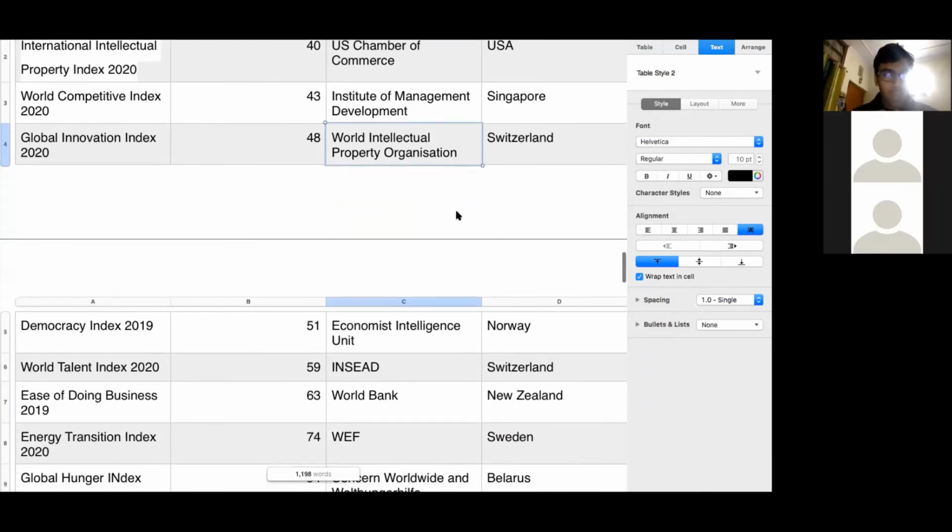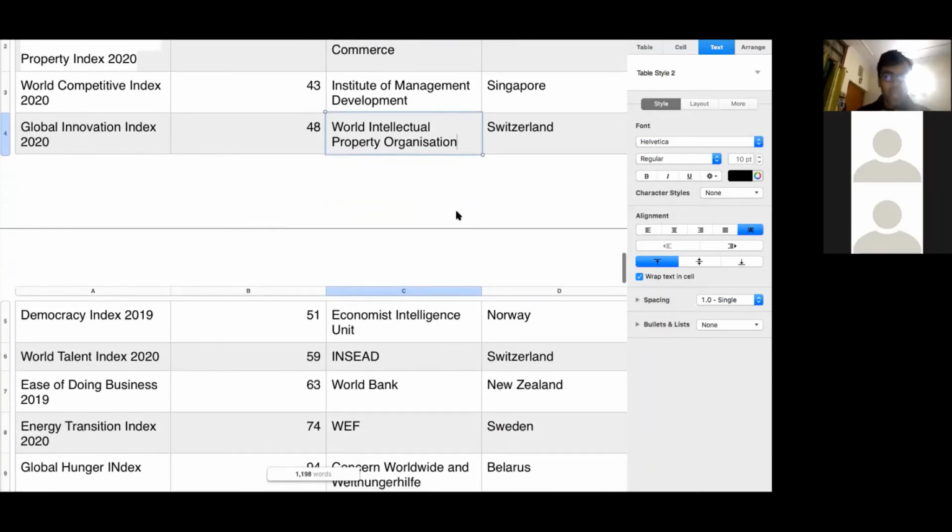We move ahead to Democracy Index 2019, again a very, very important index. This is released by the Economist Intelligence Unit. What is the Economist Intelligence Unit? The Economist Intelligence Unit, EIU, is a very important part of the Economist group. The Economist is one of the world's most respected and widely read magazines.